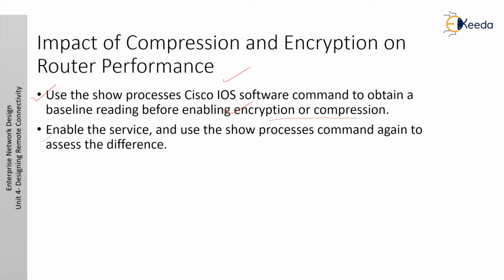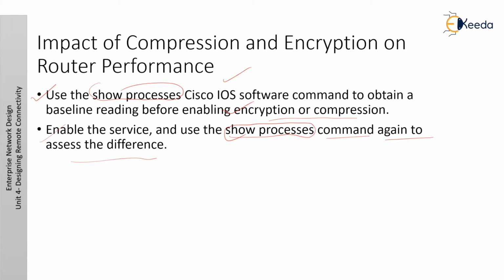Enable the service and use the show process command again to assess the differences. Cisco recommends that you disable compression or encryption if the router CPU load exceeds 40%.